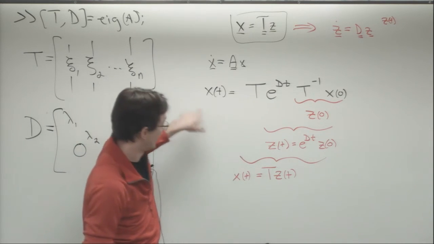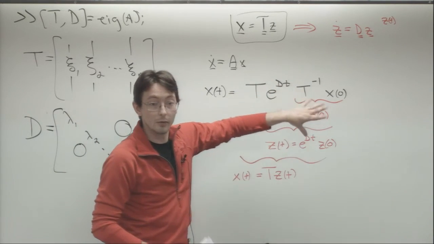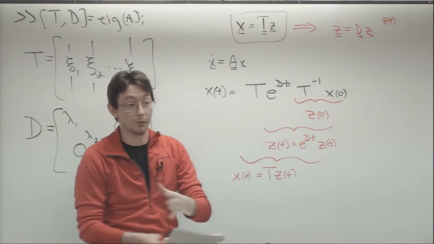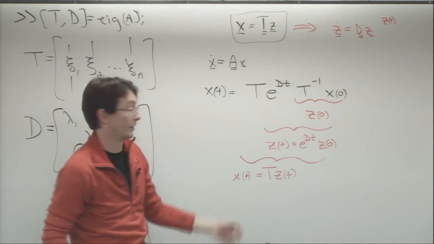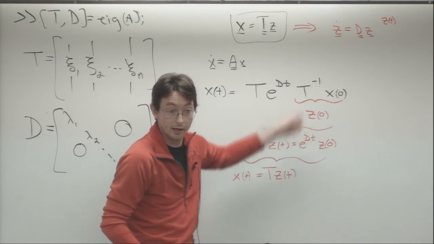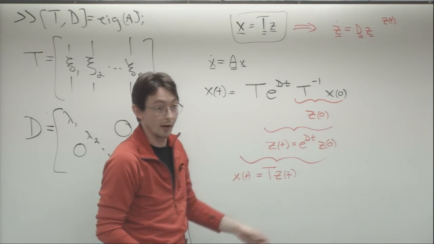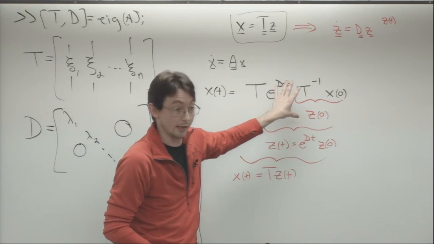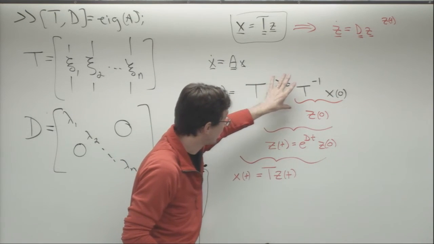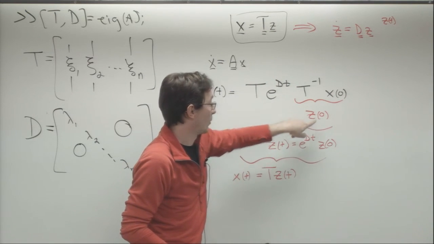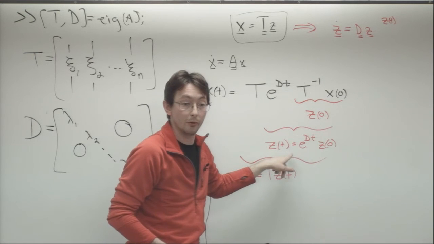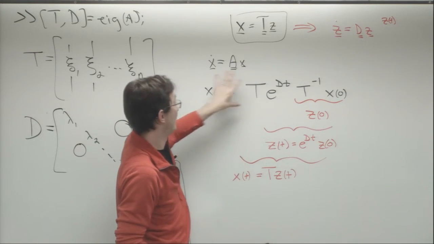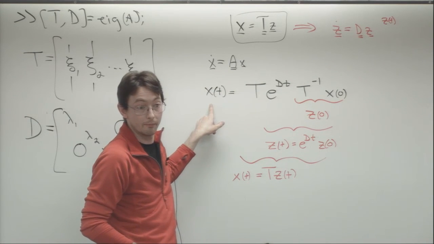This is a fancy expression we just derived. In fact, we derived the condition for eigenvalues and eigenvectors to find a T and a D that allows us to do this. So eigenvectors and eigenvalues are not mystical. They are specifically designed to do this. They give me a coordinate system where my solution is simple, and then I can easily map back to my original measurement system.